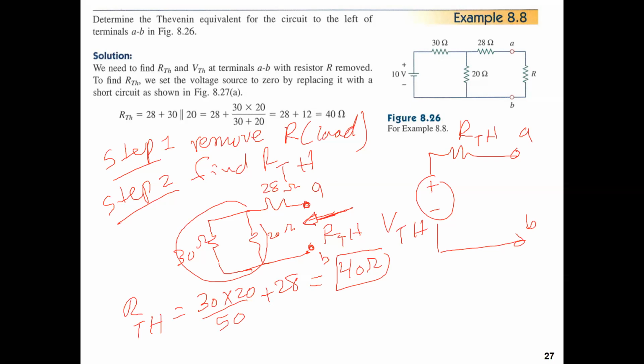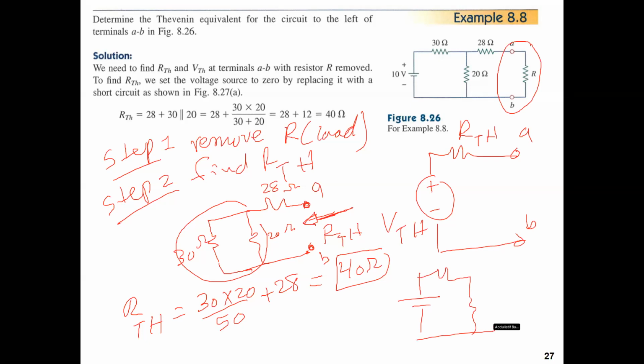So we are almost halfway to finding the equivalent circuit. Now, step number 3 is to find VTH. To find VTH, after we remove R, we have to go back to the original circuit.